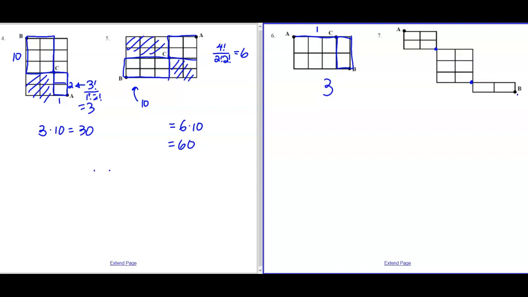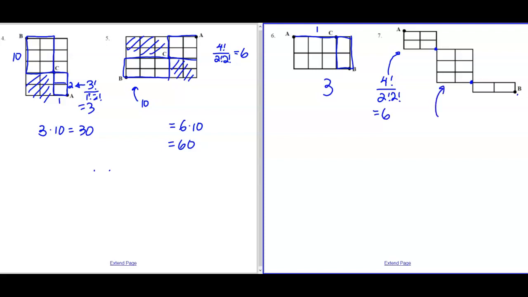In order to go from A to B in this one, you have to go to this corner. So it's not labeled C, but it's like having C there. There is no choice. You can't, there's nothing there, no street corners. So you find for each rectangle, so that one is 4 factorial over 2 factorial, 2 factorial, which we did over there.